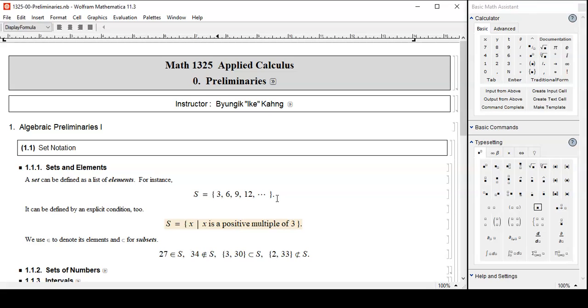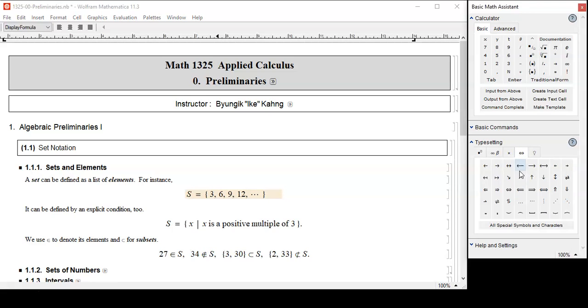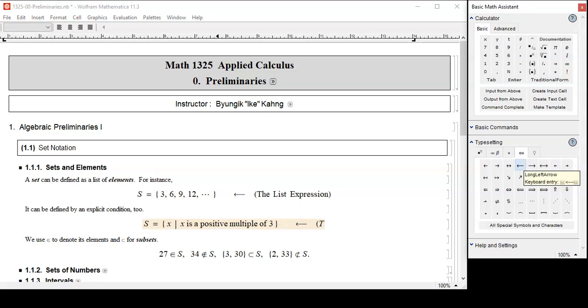This one is the list expression of the set, and this one is the set builder expression of the set.